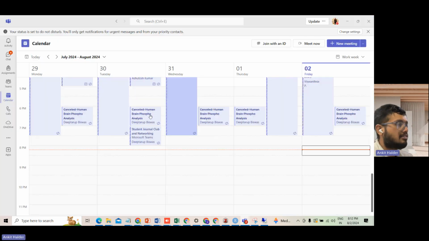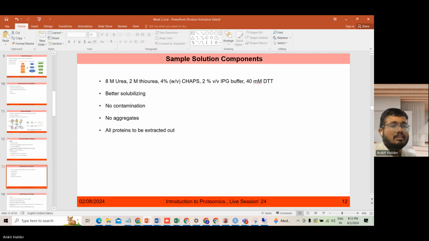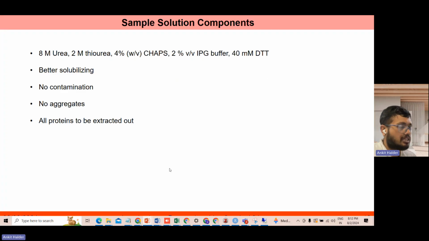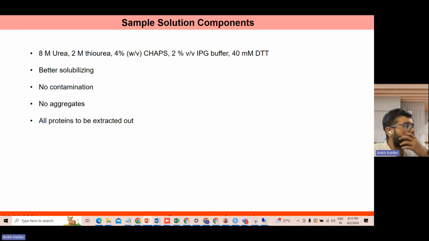So urea is one of the denaturing agents used. Then we have CHAPS, the detergent for better solubilization that we have just discussed, so that there is no non-specific aggregation through hydrophobic interactions.